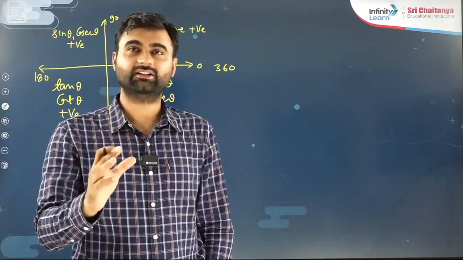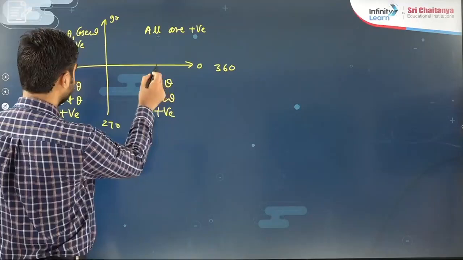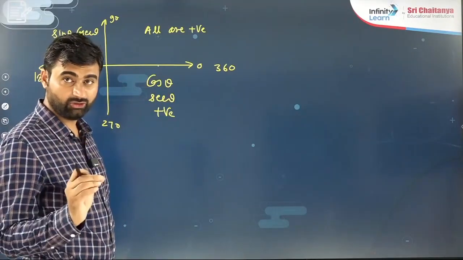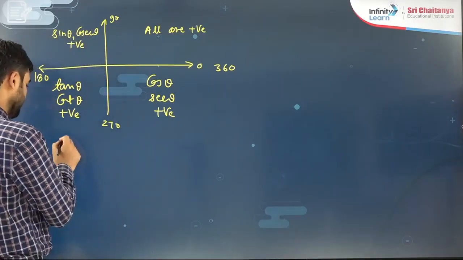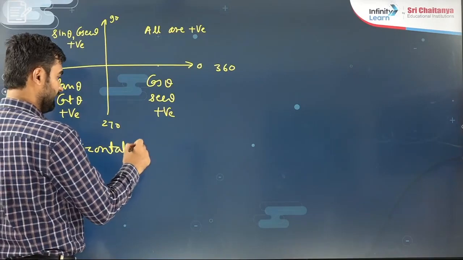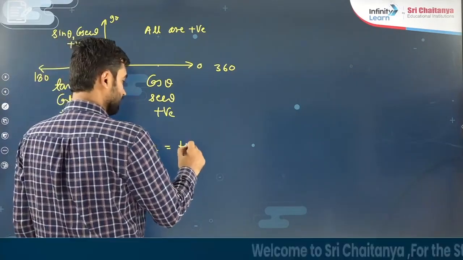How to break? Understand. If you are writing any angle by using the horizontal line, then the function does not change. What is the meaning? I will explain. First write this point: horizontal line means function does not change.